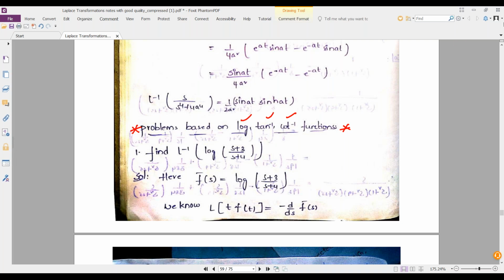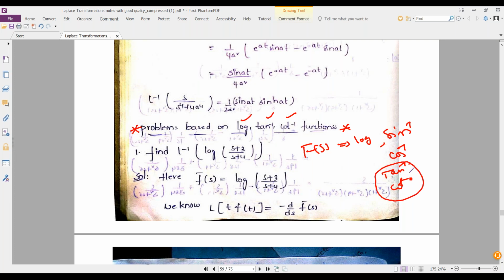So find L inverse of log. Whenever we don't have F of s in terms of log or sine inverse or cos inverse or tan inverse or cot inverse, in one particular scenario, we got these two.